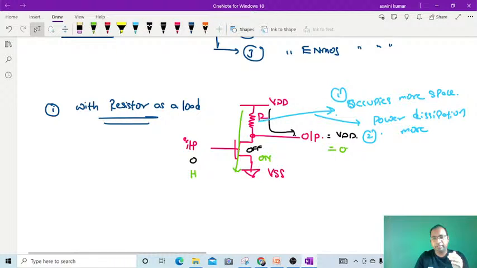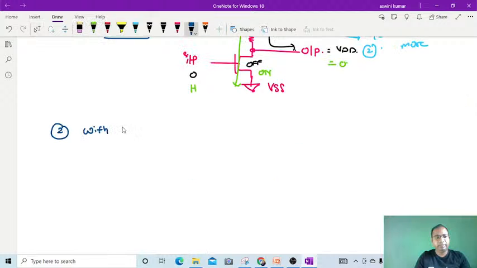Coming to the next one, we're going to see the second one, with depletion N MOSFET as a load.